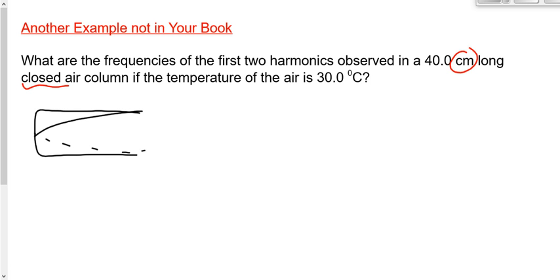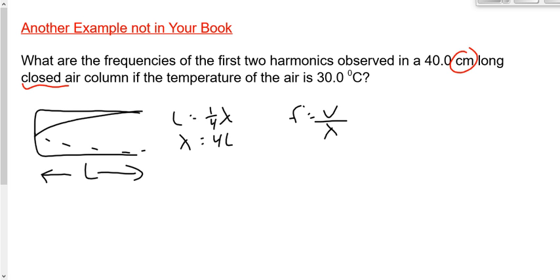For the closed air column, the first harmonic would look like this. That's the first harmonic. Why did I draw the first harmonic? Because I always want to go through the first harmonic. L is the length of the air column, and it's 1/4 of a wave. Lambda is equal to 4 times L. F is equal to V over lambda, which is V over 4 times L.